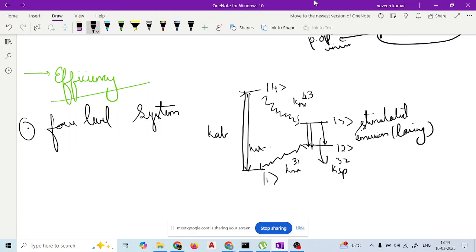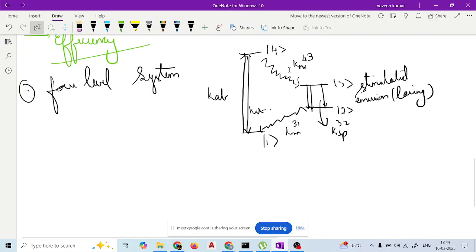So now we are going to talk about the four level lasing systems. The precondition for being able to get net emission of light through stimulated emission, net light coming out from the device, is that ultimately we need to reach a population inversion.